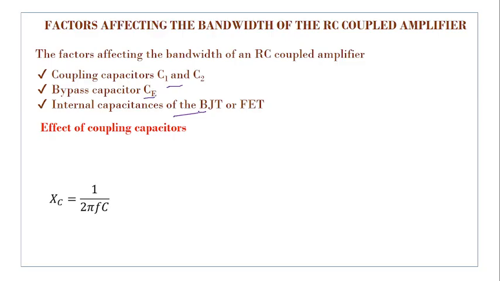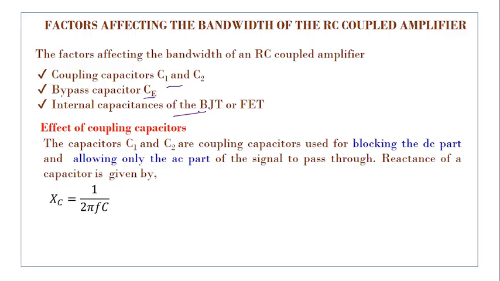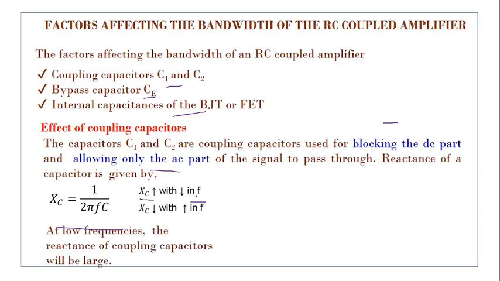First, let us see the effect of coupling capacitors. We know the coupling capacitor normally blocks DC and allows only the AC signal. The reactance can be given as Xc equal to 1 by 2 pi fC. As already discussed, if Xc increases, the frequency reduces, and vice versa.